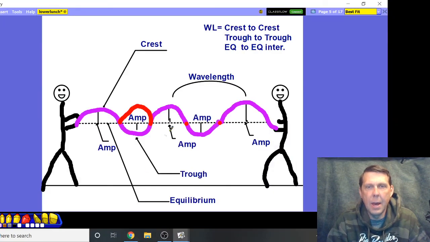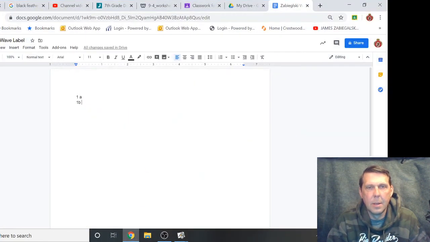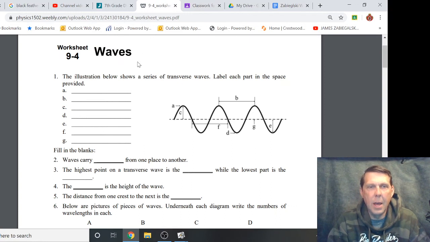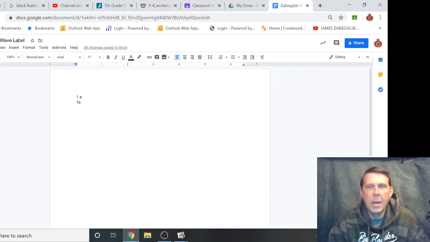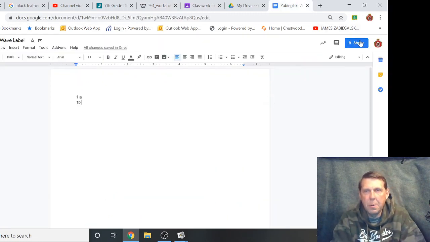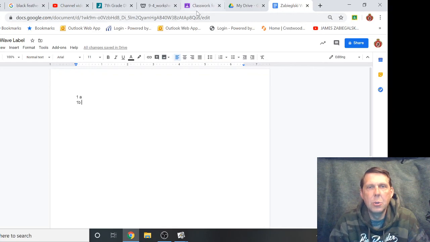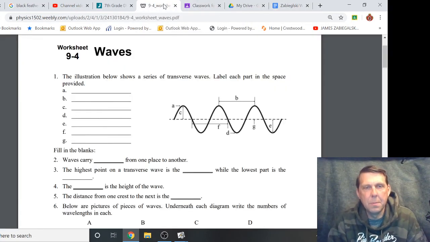Looking at that diagram, 1A, 1B, 1C, tell me what you think they are, and then submit this. Don't share it with me. Submit it to the assignment you'll find in your Google Classroom, okay?